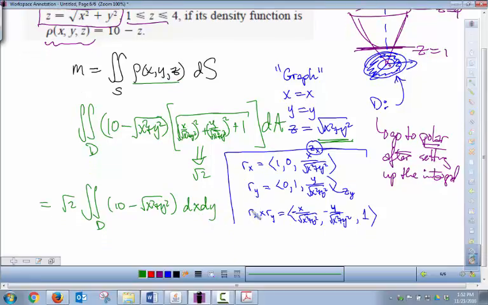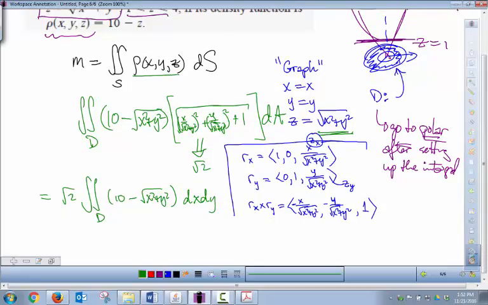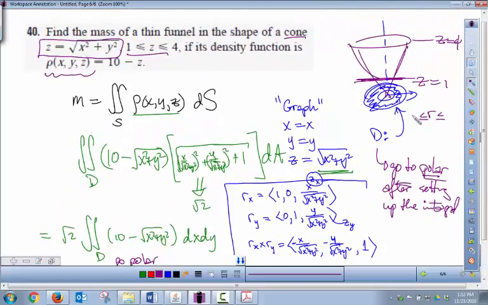So instead of the dx dy business, this is where I go polar, where my polar coordinates now is going to be r from where to where? Is it 0 to 4? What? 1 to 4? Are you sure?